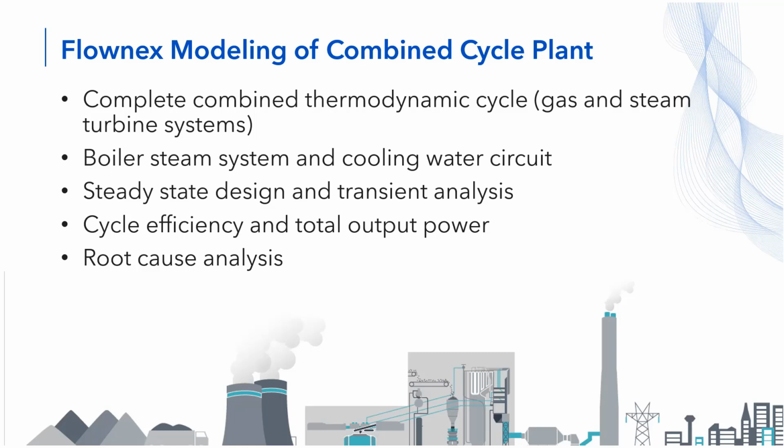So for example, for different load change scenarios, we can run transient analysis. Also, as I said, for different ambient conditions, to see how that affects the production of the power plant and the efficiency of the cycle.